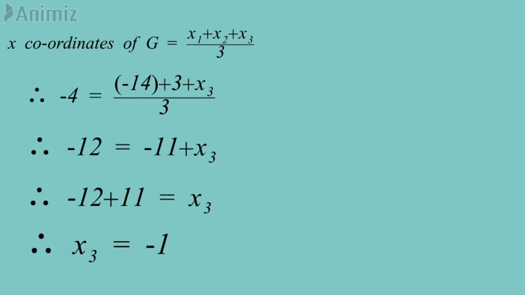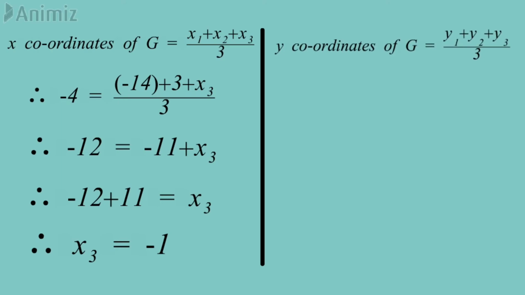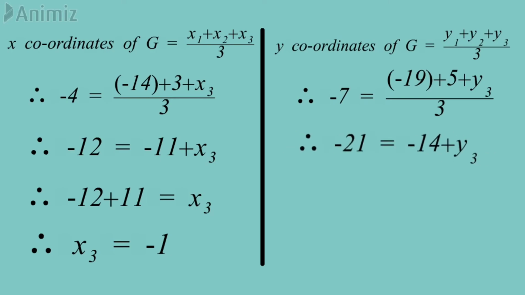Now same way you have to proceed for the y coordinate of G. Yes, this is the formula. Now substitute the values of y1, y2, y3 and the y coordinate. You will get this. Now you have to multiply 3 with minus 7. And minus 19 plus 5, when you solve together, it will give you minus 14.